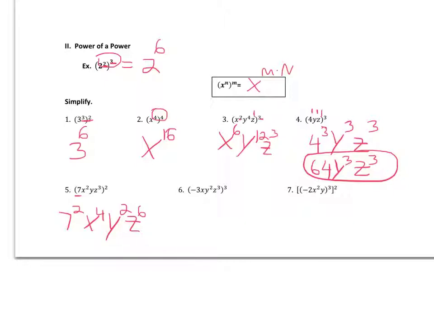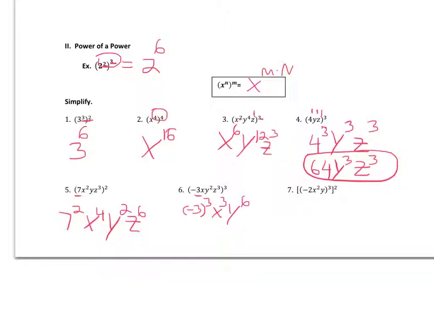Okay, if we do number 6, again, don't forget this negative 3, I'm going to leave this in parentheses. I'm going to raise that to the 3rd. Okay, and then this x is like saying x to the 1st, so 1 times this 3 is 3. So we get x cubed. Y squared. So we have, 2 times this 3 is 6, so we get y to the 6th.